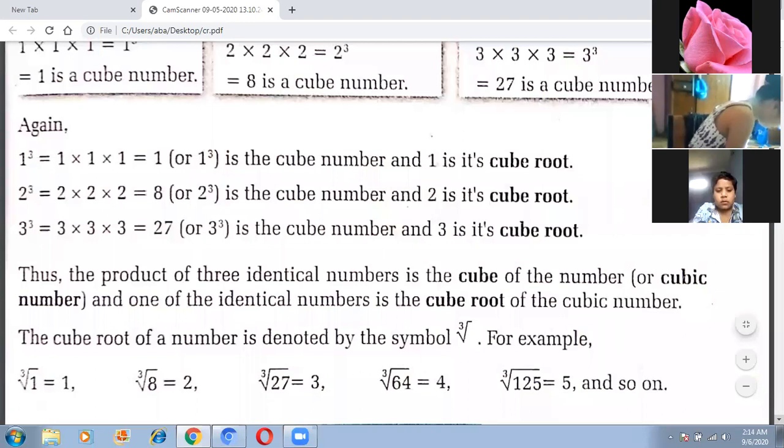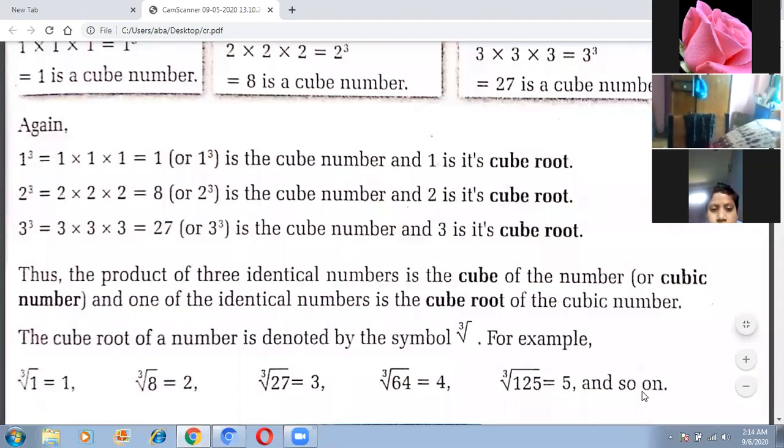The product of three identical numbers is called the cube of the number or cubic number. And one of the identical numbers is the cube root of the cubic number. The cube root of a number is denoted by a symbol.